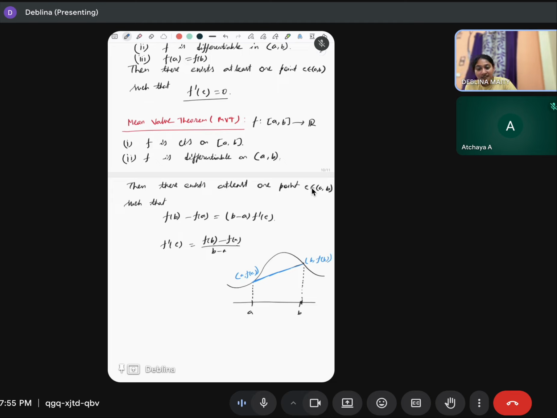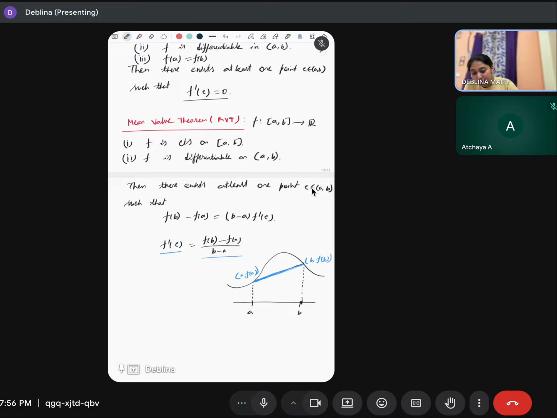So the slope of this line segment joining A, f A and B, f B is f B minus f A by B minus A, right? So this theorem tells us that there exists a point where the tangent line is parallel to this line segment, because f dash C means the tangent at the point C. So the tangent at that point will be parallel to this line segment, right?